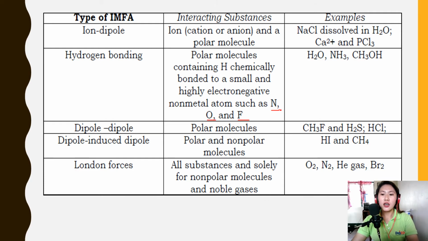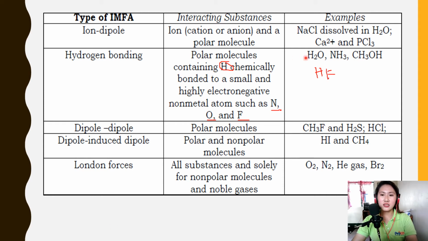So if we see a molecule that has hydrogen bonded to nitrogen, oxygen, or fluorine, that means the intermolecular force of attraction between them is what we call hydrogen bonding. For example, we have H2O, NH3, CH3OH, and for fluorine, HF.